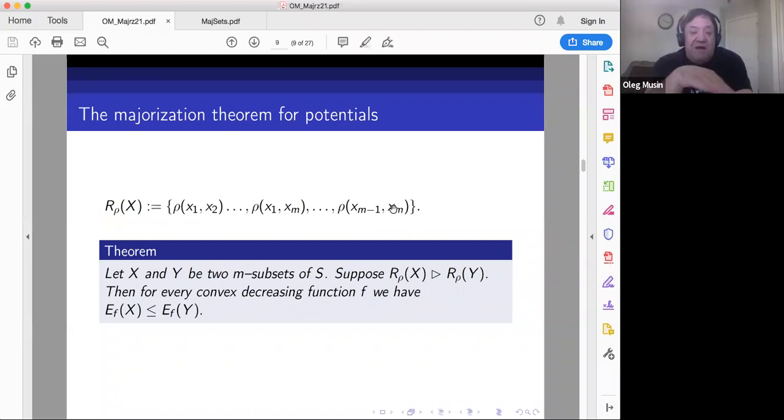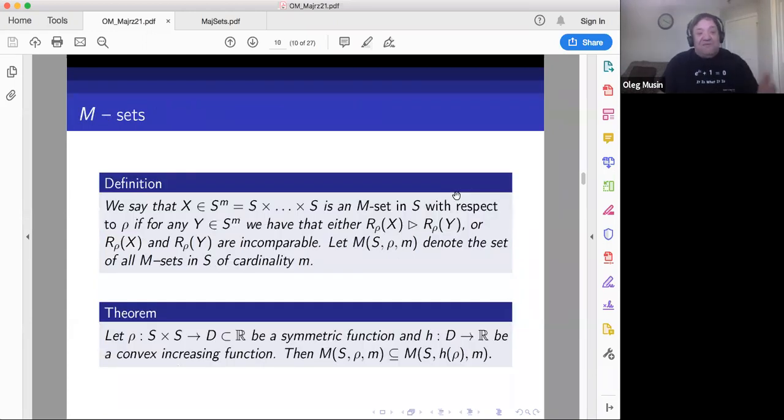Here I don't need strictly convex; I consider any convex decreasing function. So just like how we reduced this potential, we can consider majorization also for sets of pairs of points, elements. Sorry, I'm saying points, but it is actually still elements of any set.